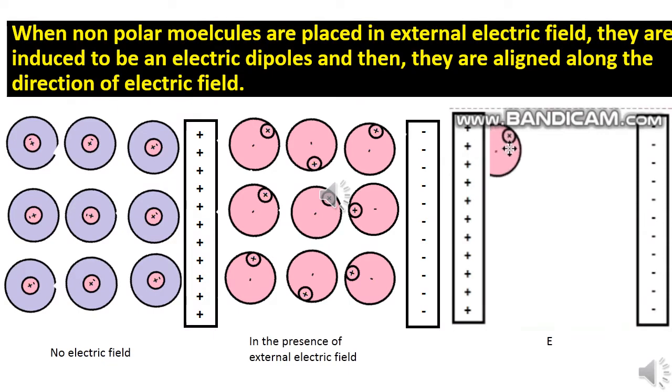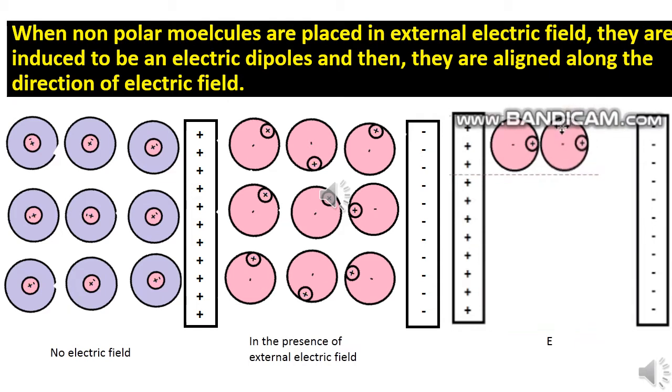Now you are going to observe what will happen if non-polar molecules are placed within the electric field. Here three diagrams are given. In the first diagram, all the molecules behave as non-polar molecules. The positive core and negative core of the non-polar molecule have centers of gravity and they fall on the same point.